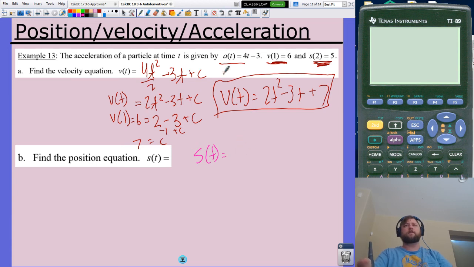2 times t cubed over 3 minus 3t squared over 2 plus 7t plus c.